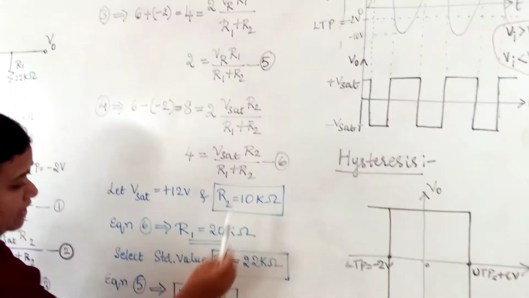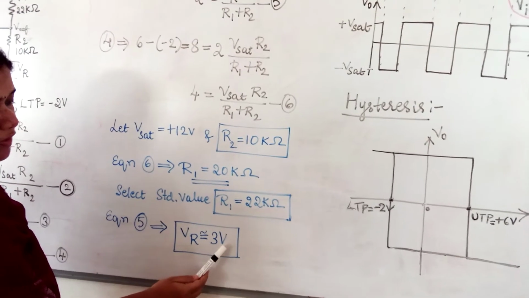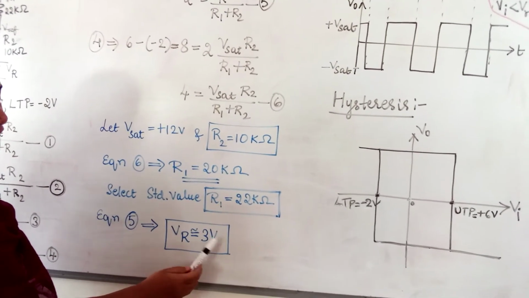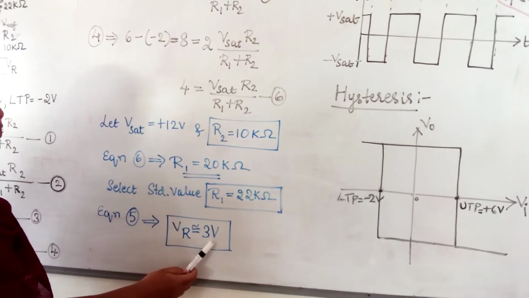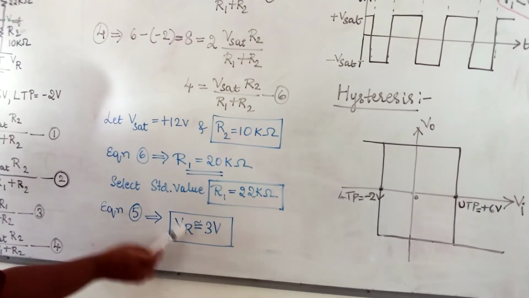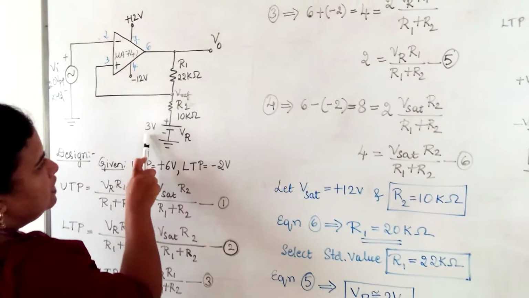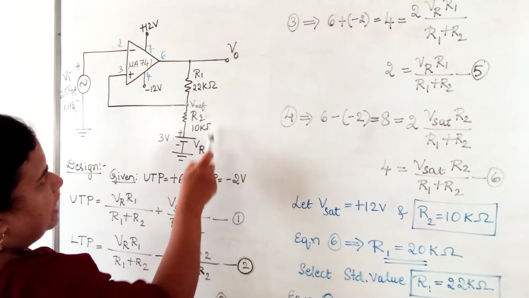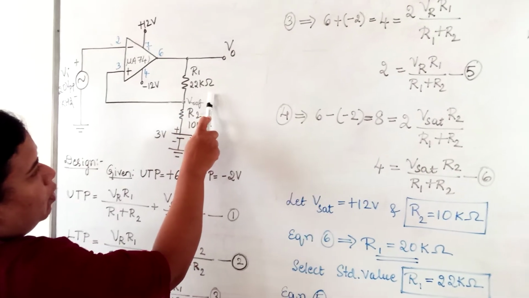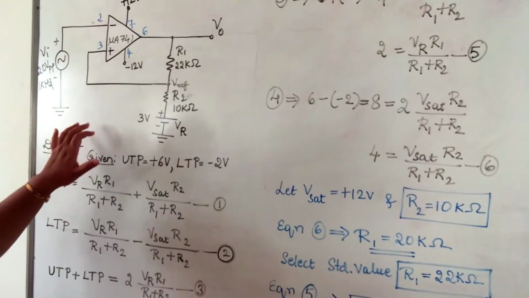Simplifying this equation, we get VR approximately equal to 3 volts. That is, we get 2.9, which is approximately 3 volts. So here DC voltage we are providing is 3 volts, R2 value is 10k, R1 is 22 kilo ohm. This is how we design the values of all the components here.